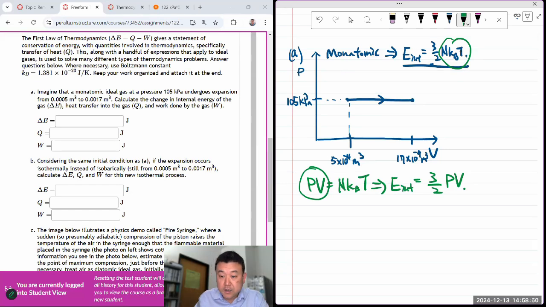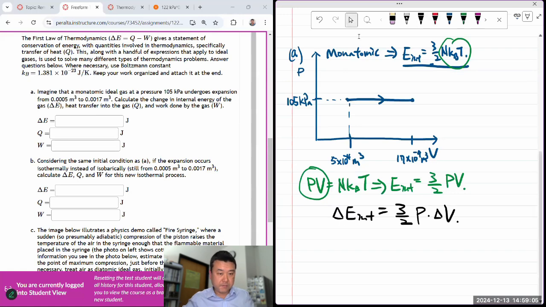That's the internal energy. So the change of internal energy is change of delta PV. Here pressure remains the same, so it's going to be 3/2 P times change of volume. Let me do this in Wolfram Alpha.